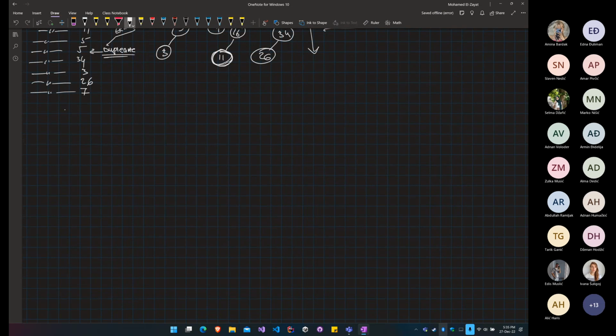So for example, here's a special case. Let's say I tell you insert 1. Okay, fine, this is 1. Then you repeat the same process, insert 2. Because 2 is larger than 1, it will go here. Then I say 3.